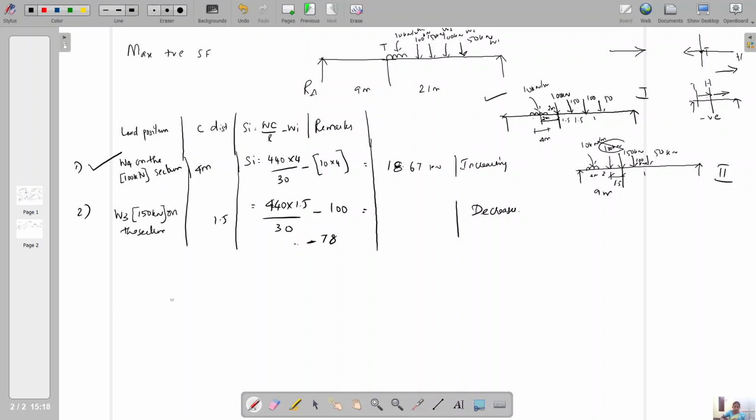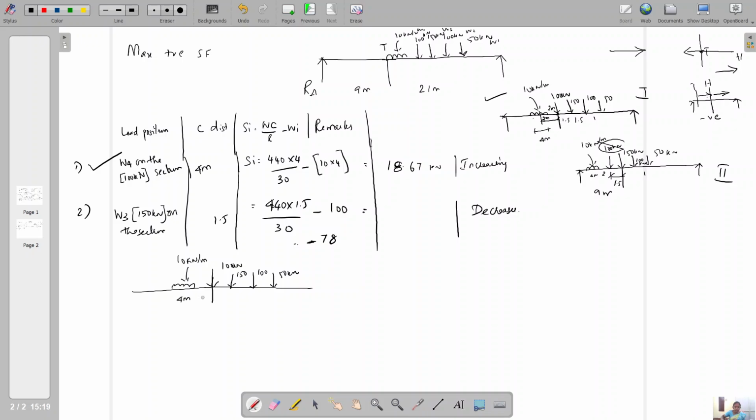So you make the same diagram for the RA calculation. Okay, this is our section. Place 100 kilonewton here, and next 150, next 100, and next 50 kilonewton, so that the UDL is here, 10 kilonewton per meter.